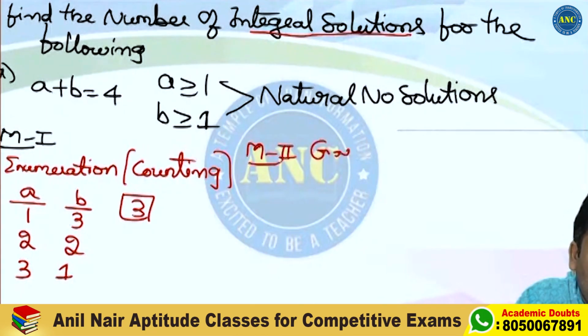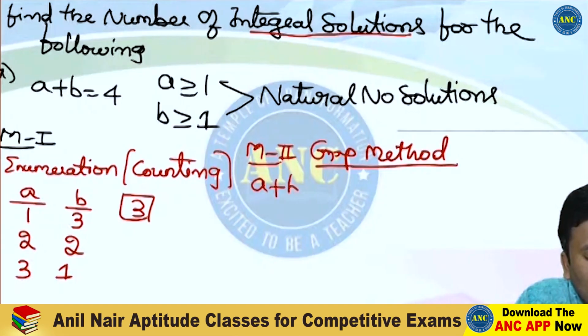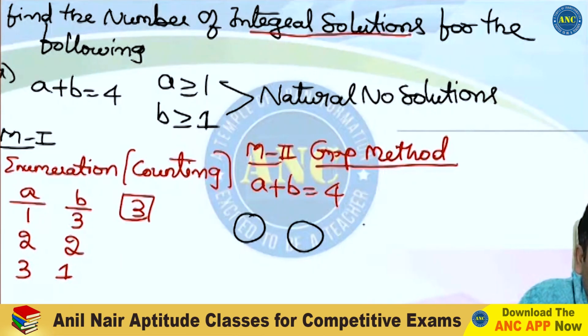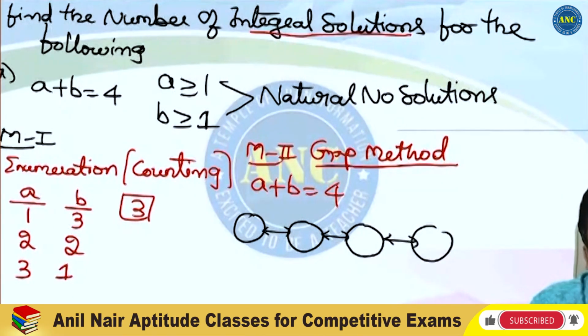Method 2, gap method. Listen carefully. A plus B is equivalent to 4. Assume 4 balls are kept in a straight line. How many gaps are there? If 2 balls are kept, there is 1 gap. If 4 balls are kept, there are 3 gaps.